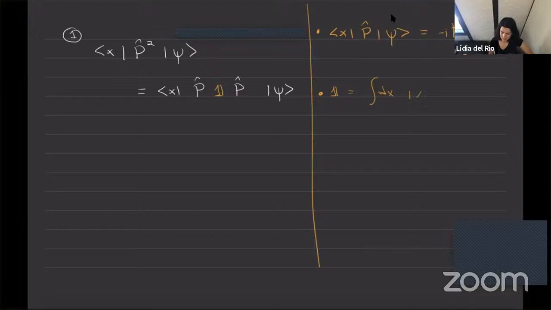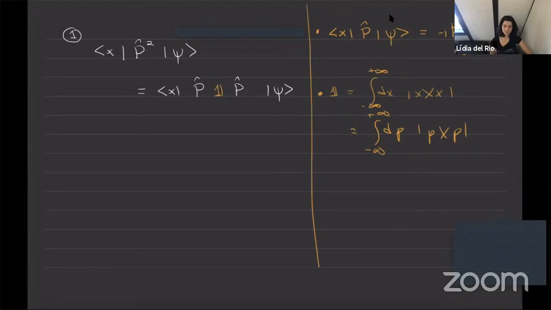Dx, x. Okay, it can also be written as dp p, and in any basis it can do this. And because one of the students did not believe me in the class, it will be an exercise next week to prove this. So you look at tutorial 6 to see the proof of this. Good.